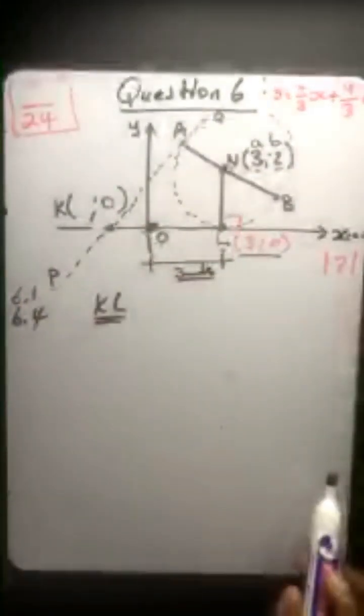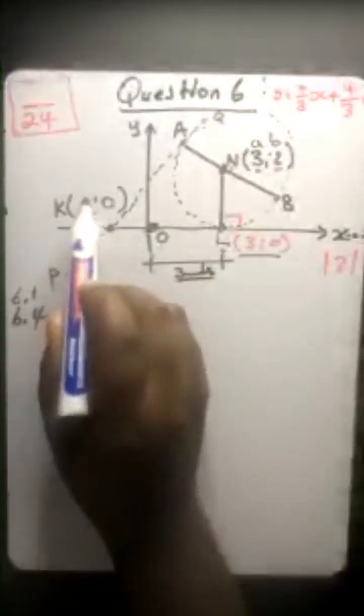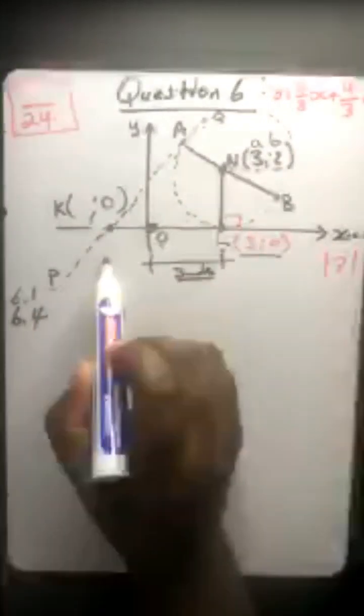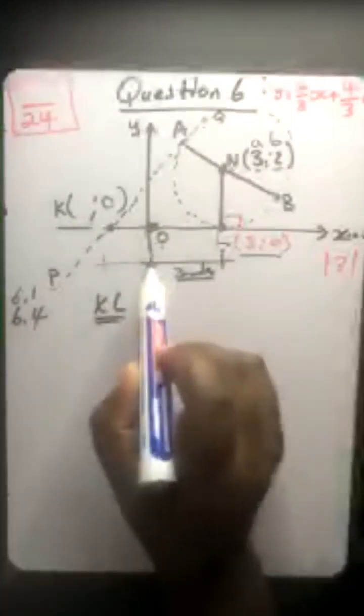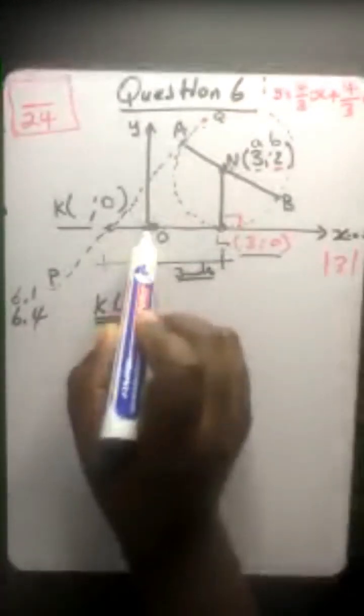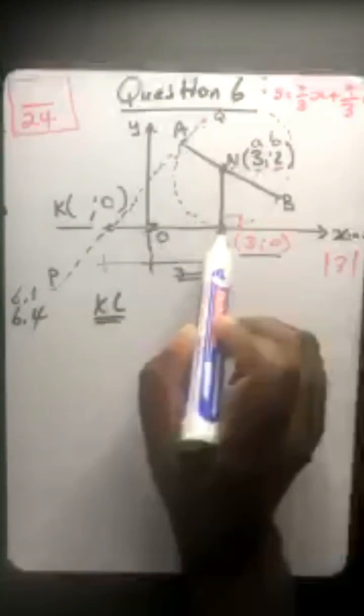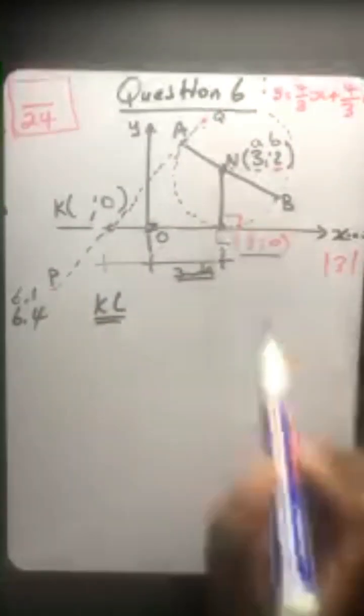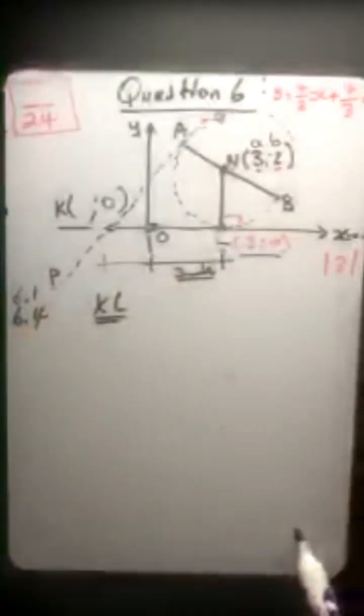If I know the x value of K, let's say it's -2 as an example, then the distance is 3 plus 2, which is 5 units. So how can we find the x value of K? Anyone who would like to suggest?